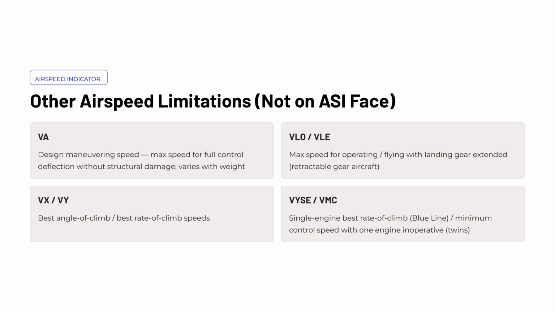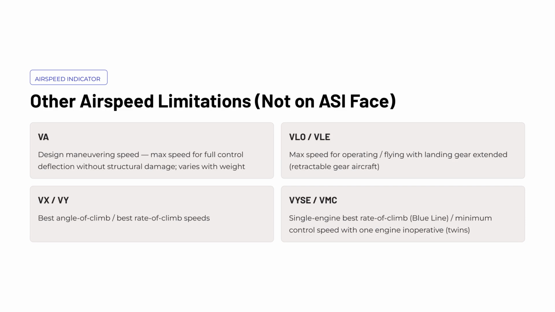For aircraft with retractable landing gear, VLO is the maximum speed for operating the gear, meaning extending or retracting it, while VLE is the maximum speed for flight with the gear already extended. These are often different values, so know both. Vx and Vy represent best angle of climb and best rate of climb speeds respectively.